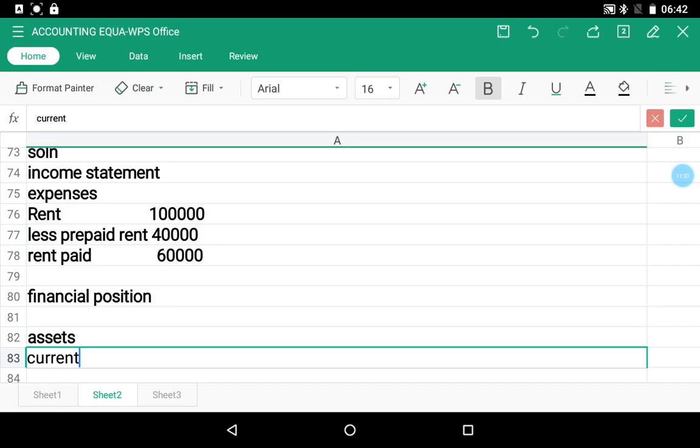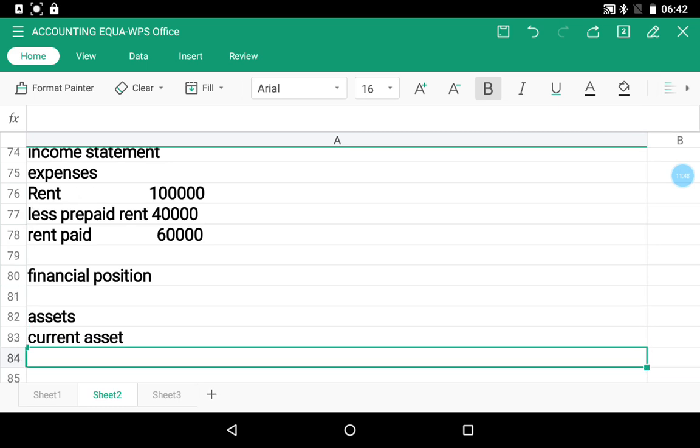Then you come under current assets, and remember under current assets we have cash, we have bank, we have stock or inventory. So we shall come under current assets and we will say our prepaid rent, and our prepaid rent is 40,000.